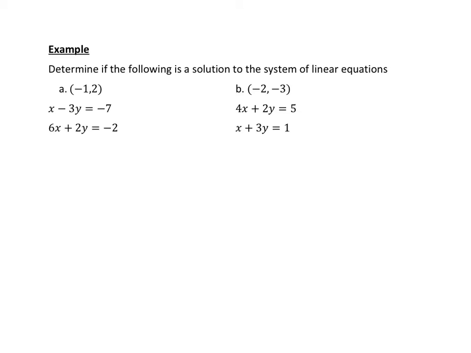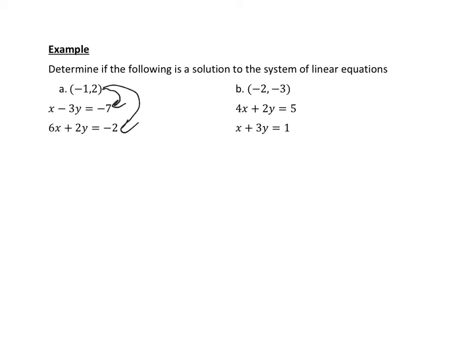So for example, let's determine if each of the following is a solution to the system of linear equations. We need to take this point for x and y and plug it into the first equation and into the second equation and make sure they're both true.